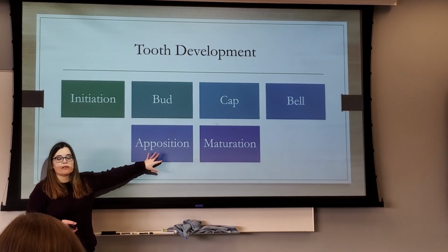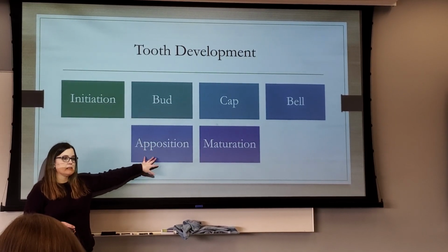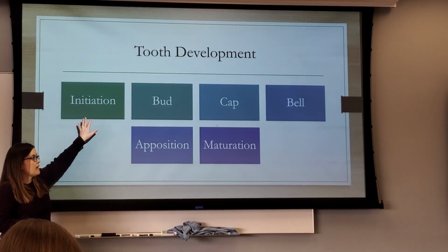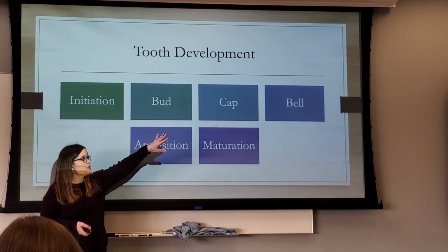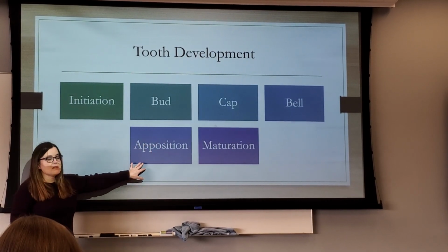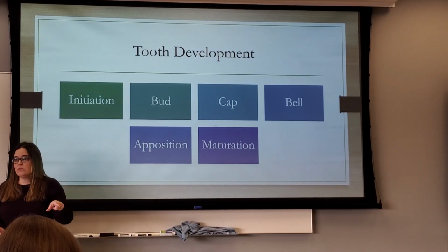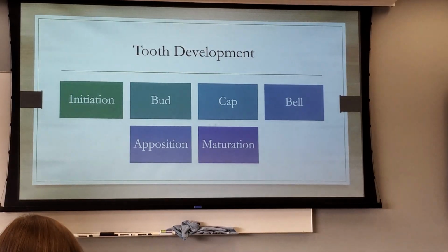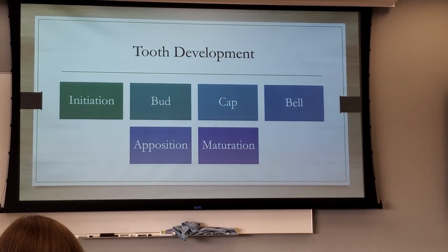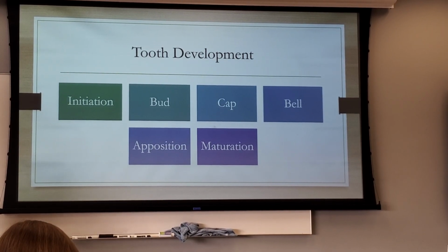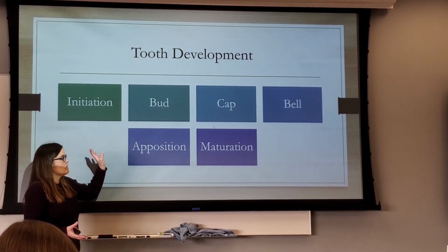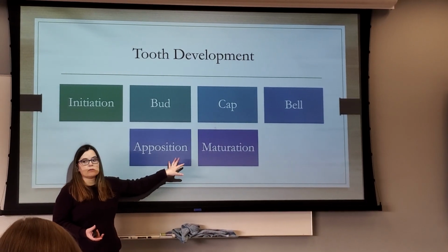So apposition is development of enamel and dentin. So these are making the shape of the tooth. And then apposition is when we're laying down enamel, we're laying down dentin. So it's pretty much laying down the matrix. The enamel matrix or the dentin matrix is when apposition is. So development and then laying down structure.